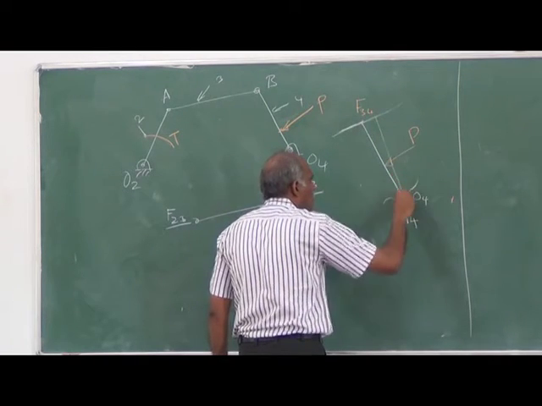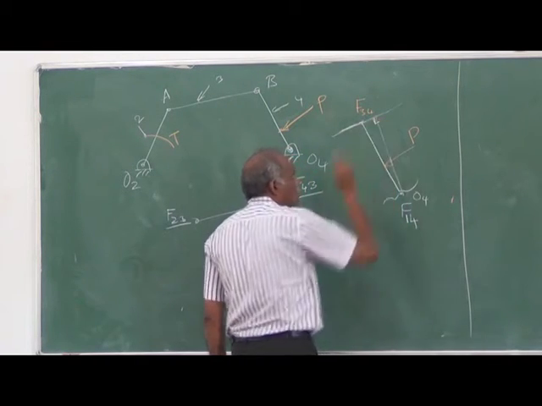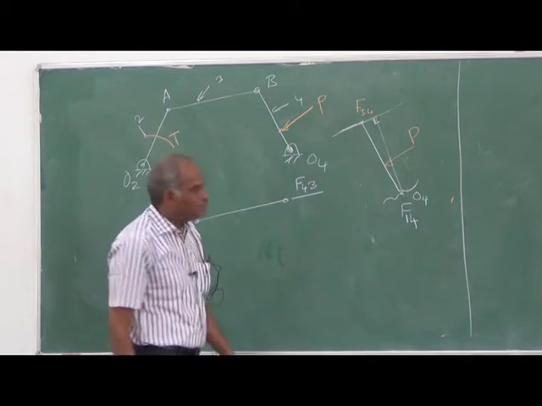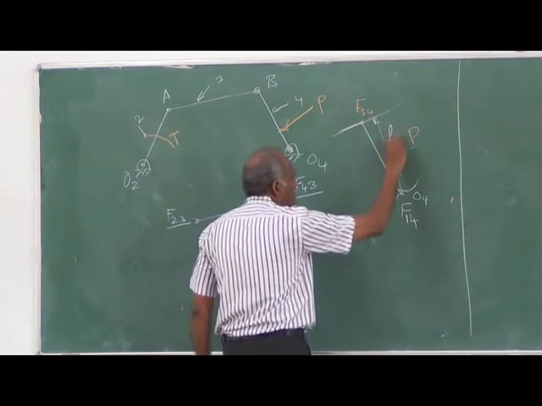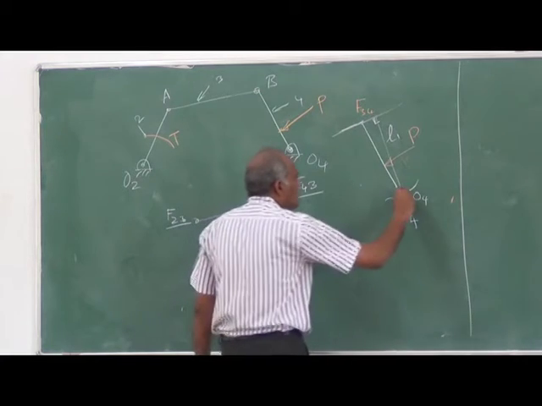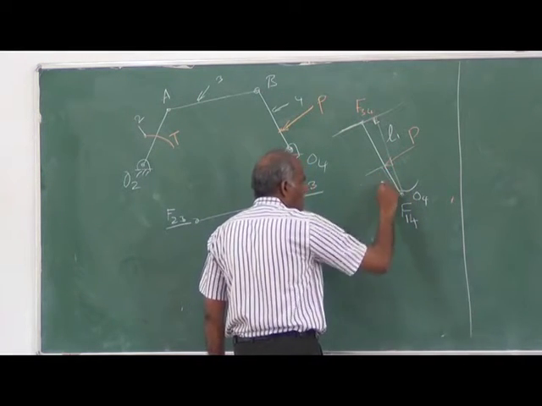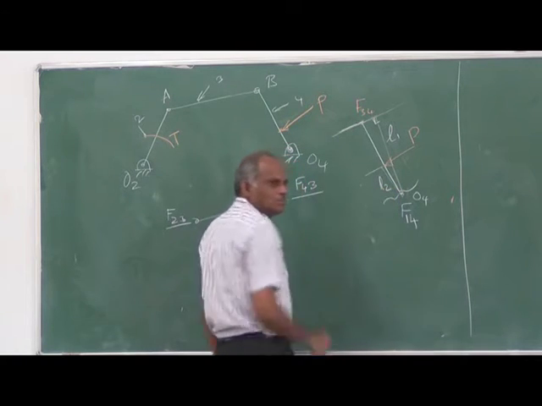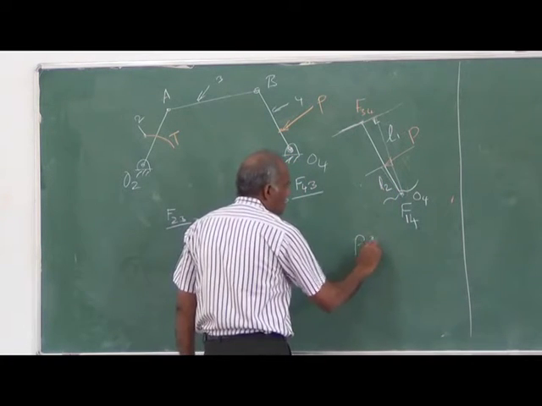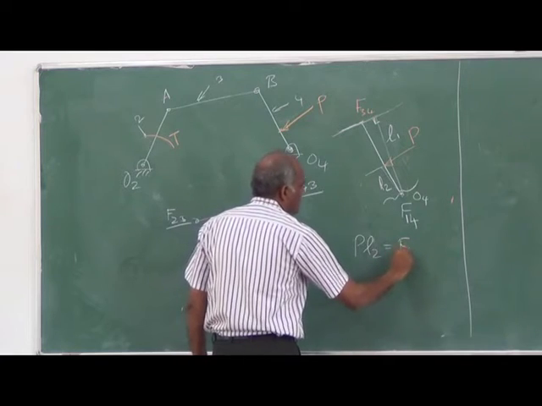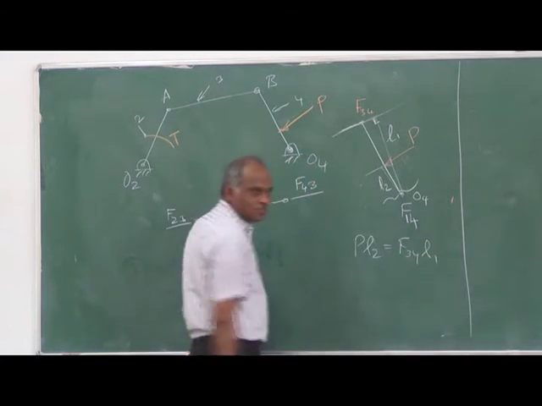Suppose I take this as L1, and this, if you extend and take the perpendicular line where it cuts, that distance is say L2. We can say that P into L2 is equal to F34 into L1.